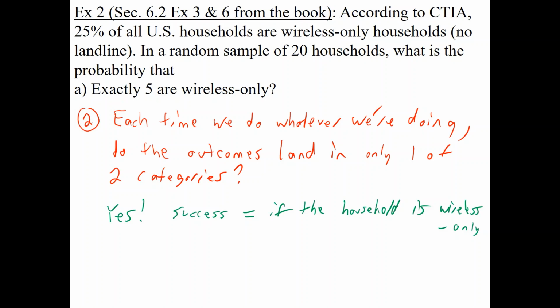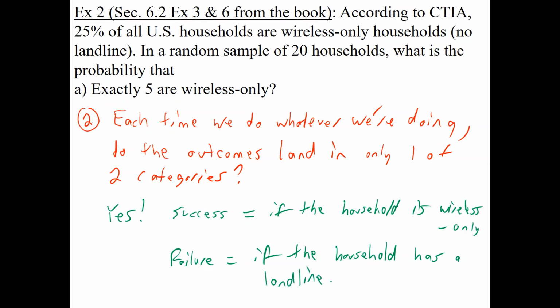Second thing, what's a failure? If the household, you can write isn't wireless only or has a landline, something like that. If the household has a landline, I'll write that down. Okay, so the second ingredient is working.